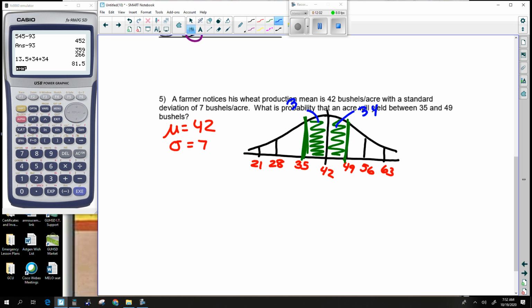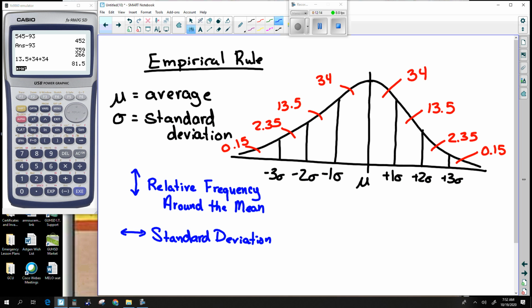That's 34, 34. All right, so again, the key to success is knowing these particular percentages and knowing how to set up one of these distribution curves.